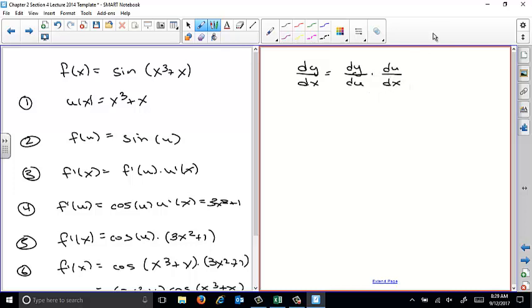Even though up to this point they're not really fractions, you can think of them as fractions in this case. If you were dealing with fractions, you'd cancel these two out, and it simplifies back to what you started. But that's the basic concept: you're introducing this intermediate variable u so that you can break it up into two parts that you do know how to solve.